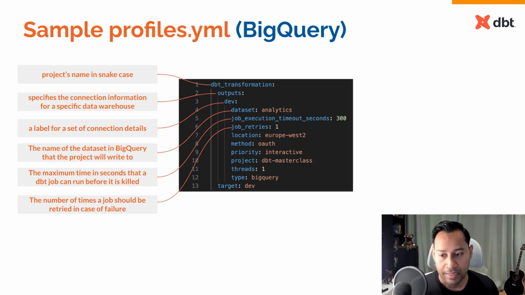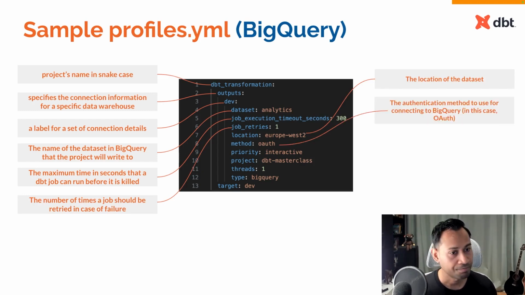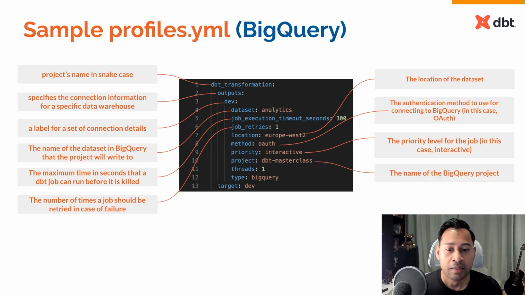Job retries is the number of retries in case of failure, pretty straightforward. Location of the data set, we've covered this in video episode 2. The authentication type, we just spoke about earlier. The priority level of the job is interactive. Then we have the project, the name of the BigQuery project.